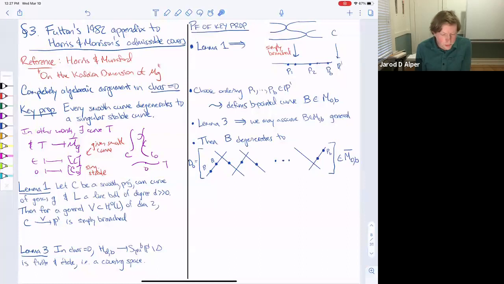We're given a smooth curve C, and the first lemma tells us that there is some simply branched covering of C. So we take C to start, and we cook up a simple branched covering. And now let's just choose an ordering of the branch points, an arbitrary choice of ordering, p1 to pB. And so this defines a B-pointed curve, capital B, of genus 0.